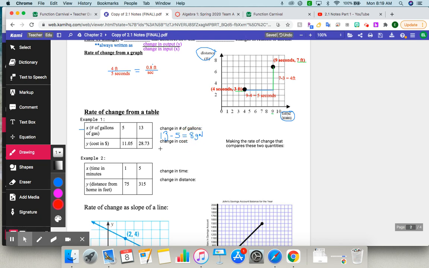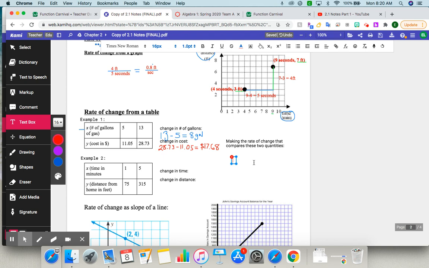Our change in cost, aka our output, would be 28.73 minus 11.05, making it a change in cost of $17.68. So I've now found the change in the output and the change in the input. I just need to write it as an actual rate.